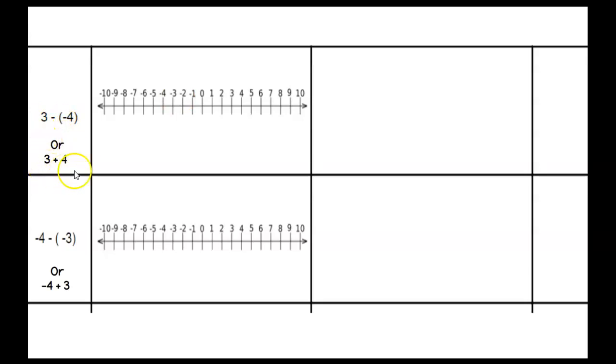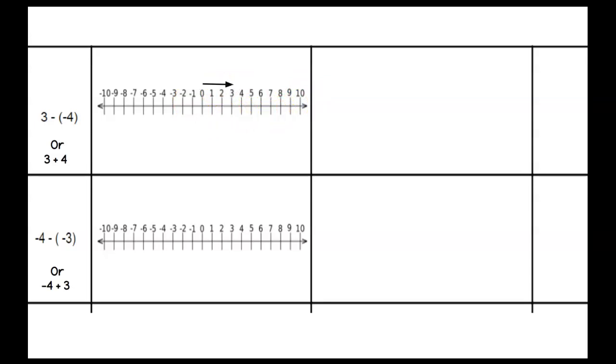And then you can graph that and model that. This one is ridiculously hard to model, so that's part of why we're doing it this way, because 3 minus -4 is the same as 3 plus 4. If you take away negatives, you're going to go more positive. And we're going to talk about that in a little bit. It's in a different video.